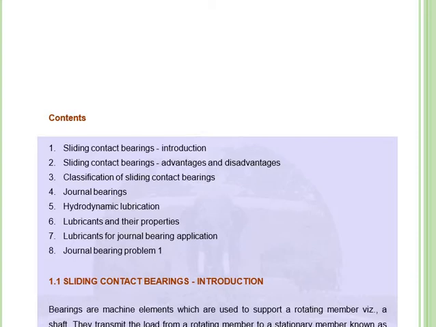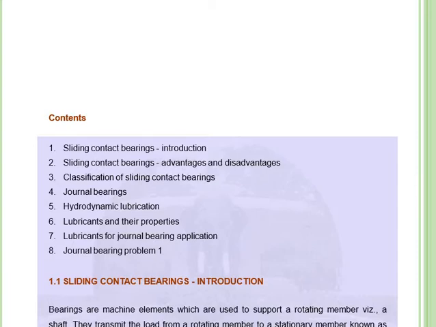That is the main function of the bearing. In our contents today we will talk about sliding contact bearings: introduction, advantages and disadvantages, classification of sliding contact bearings, journal bearings, hydrodynamic bearings, lubrication, lubricants and their properties, journal bearing applications, and journal bearing problems.